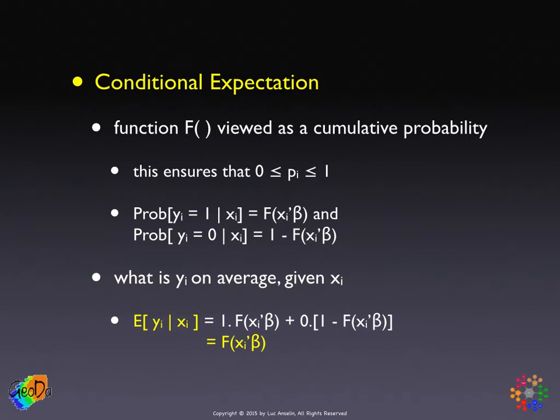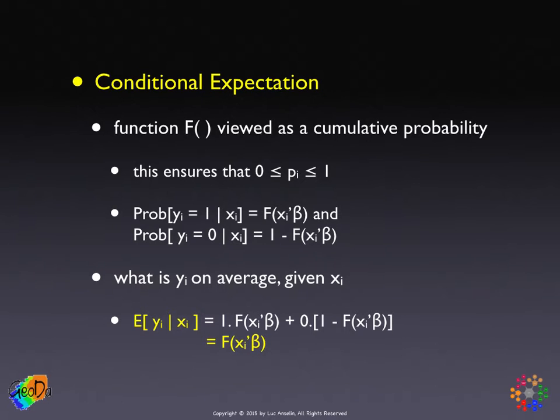So it's a cumulative probability function in general. And then we're interested, again, in a regression context, in the conditional expectation. What is y i on average? So the cumulative probability makes sure that F is always constrained between 0 and 1. And so you can't have any negative probabilities or probabilities larger than 1.